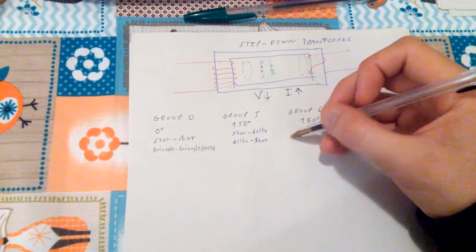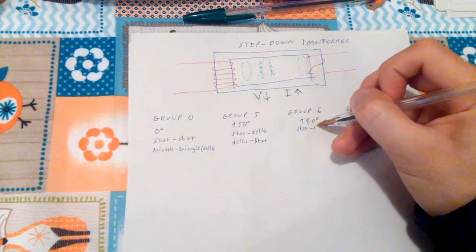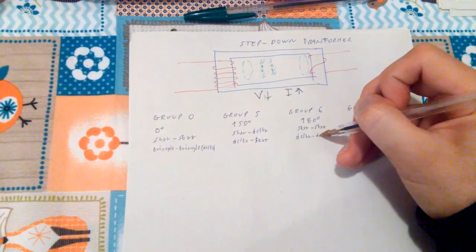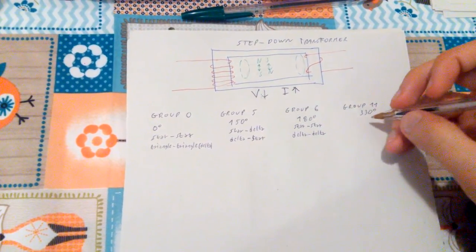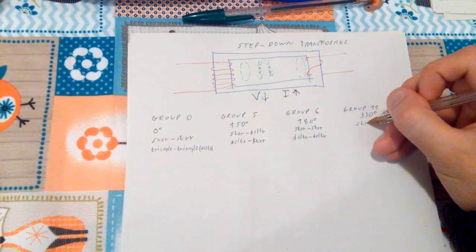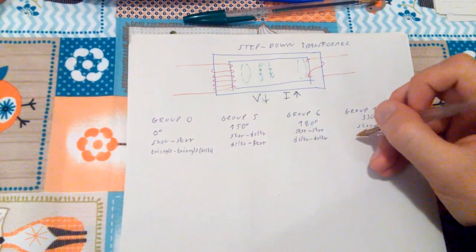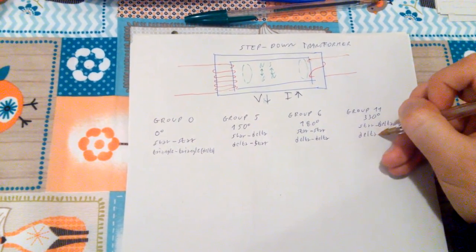In group 6, you have star, star, delta, delta. And in group 11, you have star, delta, delta, star.